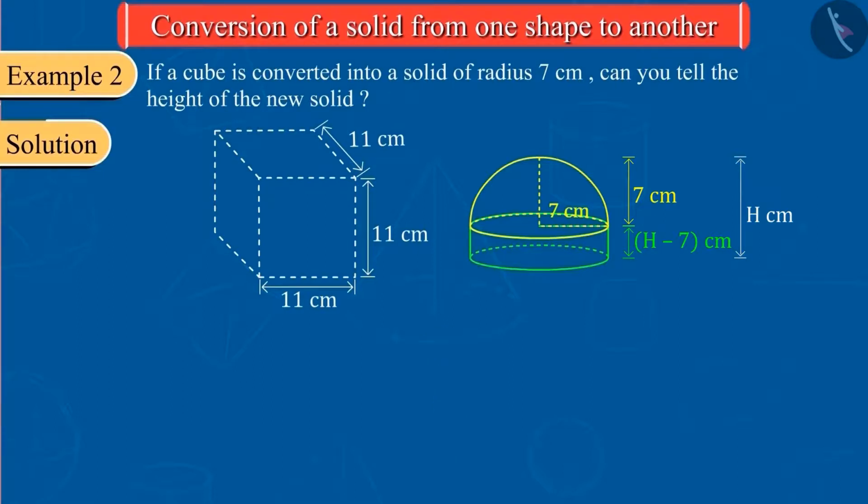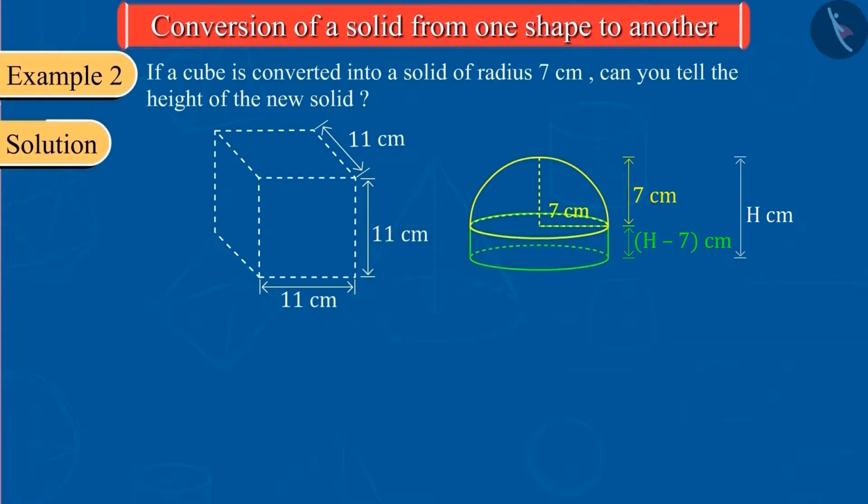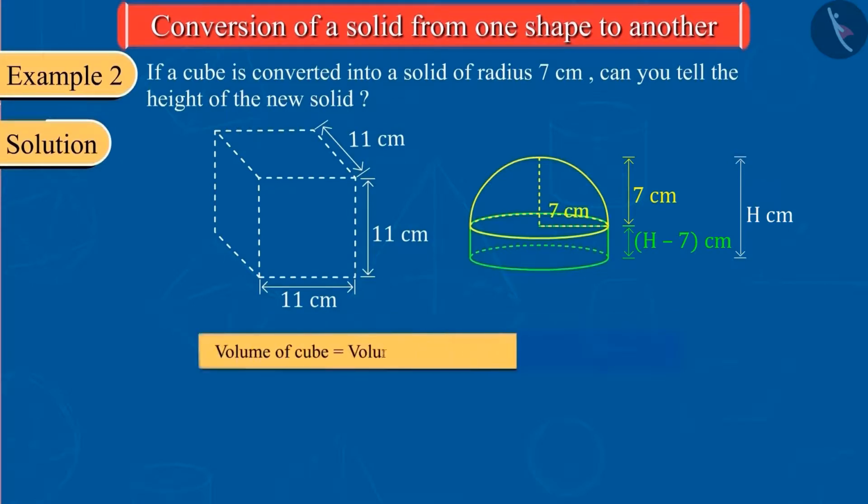We know that while converting one solid into another solid, the volume of both solids remains the same. So, the volume of the cube here will be equal to the sum of the volumes of the hemisphere and the cylinder.